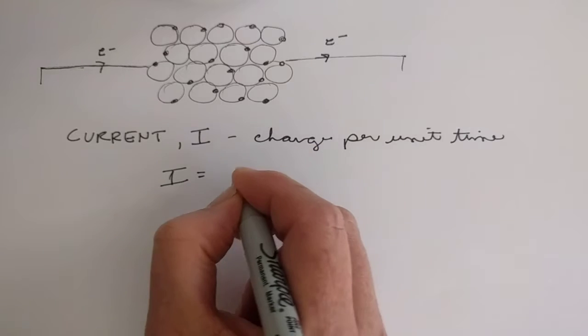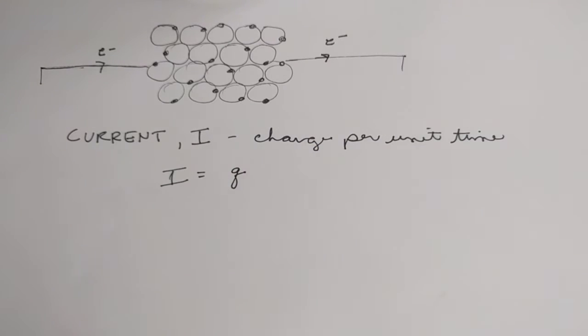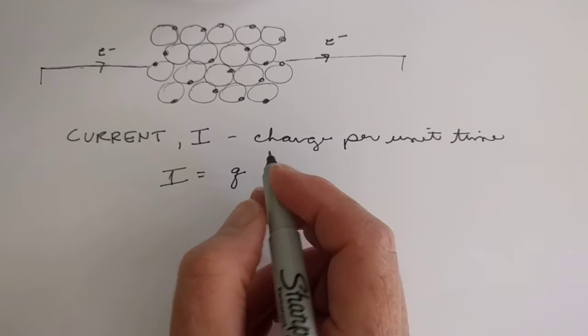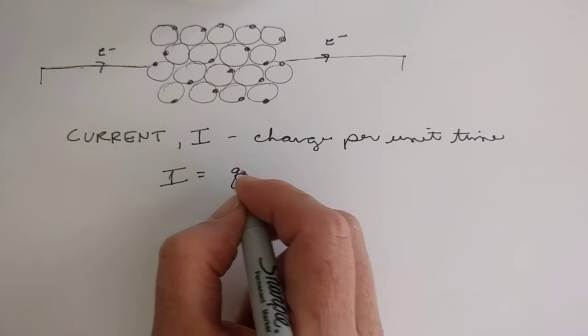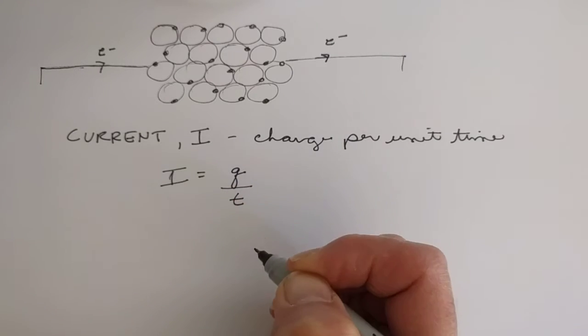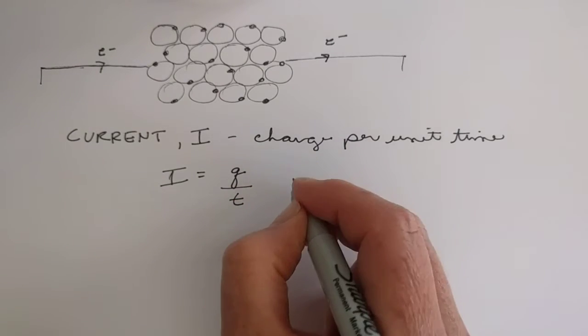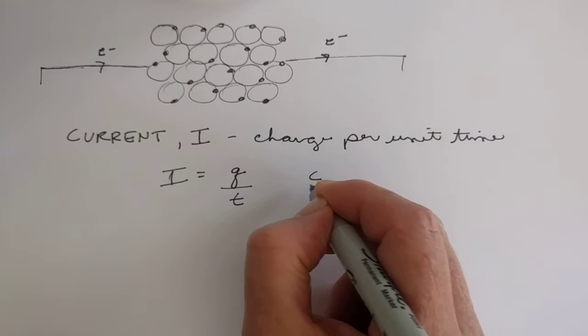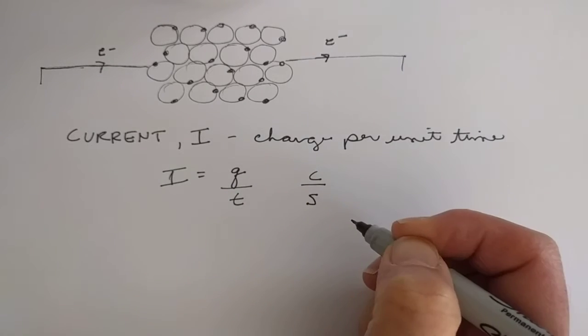So our I then equals, the charge is Q, and remember that's 1.602 times 10 to the negative 19th coulombs for the magnitude of an electron. So Q over T. So the unit of charge is C, the coulomb, and time is the second.